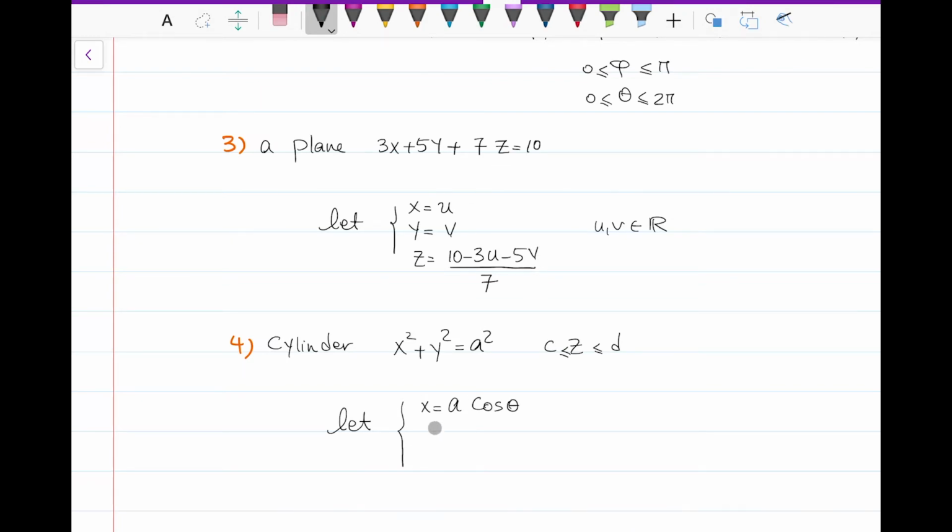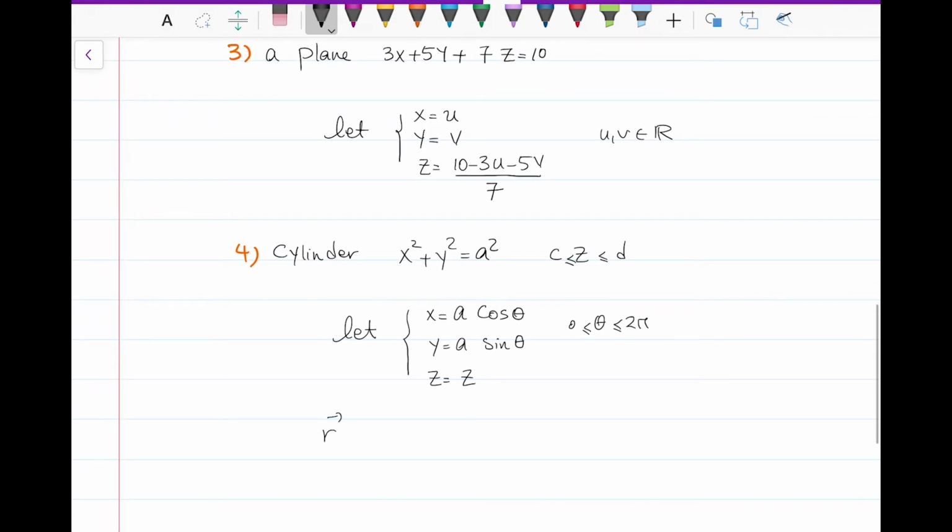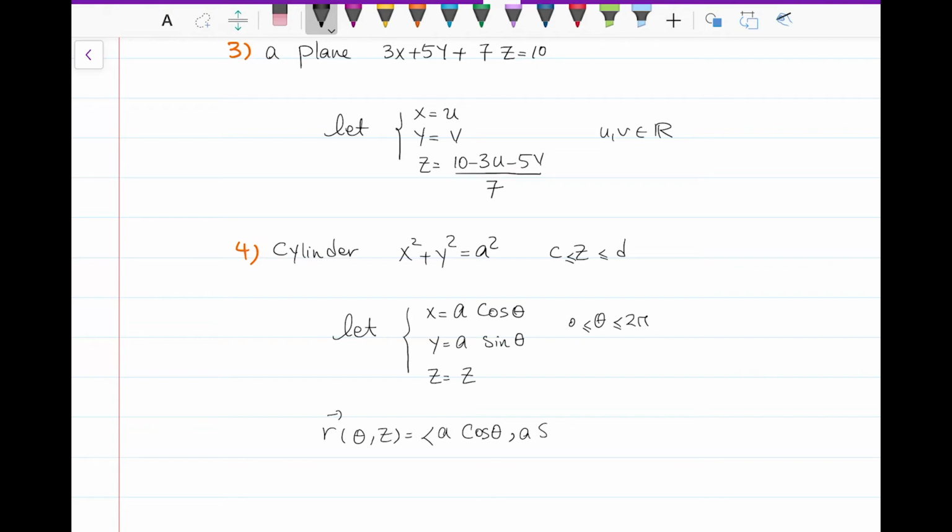So a would be just a number, the radius. y is a sine theta, and in that case, theta is between 0 and 2 pi to make it round, and z is free. z doesn't depend on x and y, so z could be my second parameter. So in that case, the cylinder has two parameters, theta and z, and it is a cosine theta, a sine theta, and z.